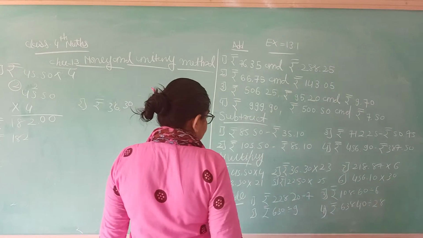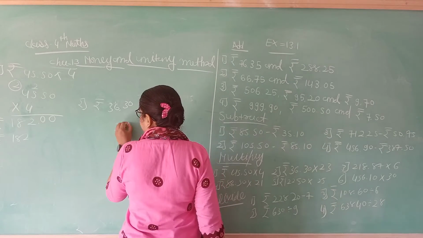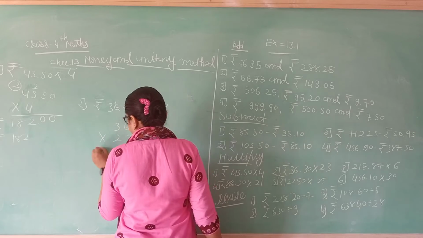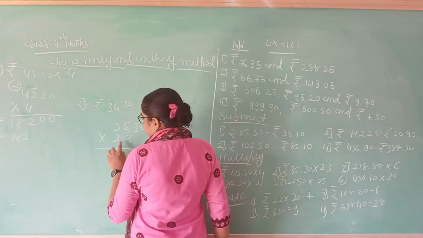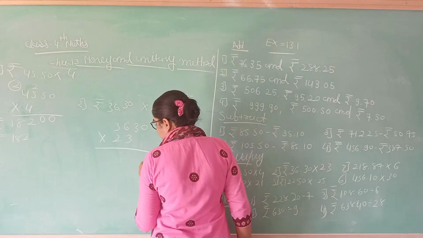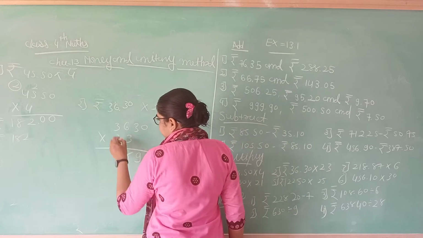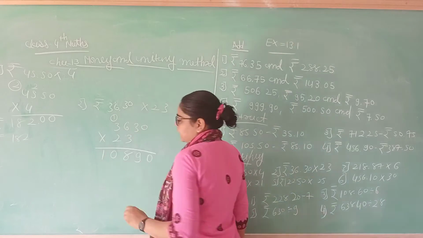Okay, 36.30 into 23. Then first remove the decimal point. What do we do here, 23 is a 2-digit number. Okay, so 3 zeros are 0, 3 3s are 9, 3 6s are 18. So 8 here, 1 carry over. 3 3s are 9, 9 plus 1, 10.